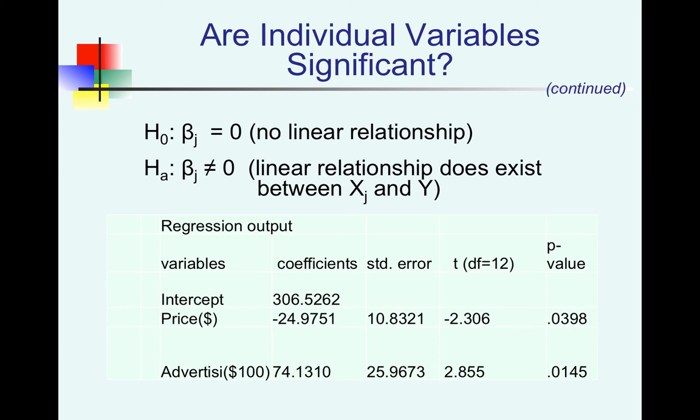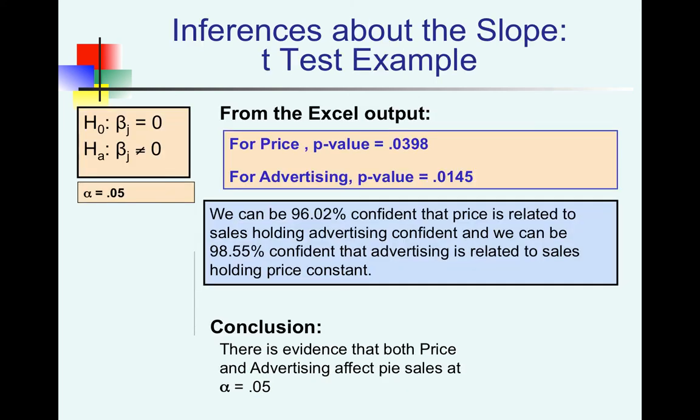Significance means that I'm less than the level of significance that I chose. Conventionally, or as a rule of thumb, you pick levels of significance between 0.1 and 0.01, or 10%, 5%, and 1% are the convenient ones.